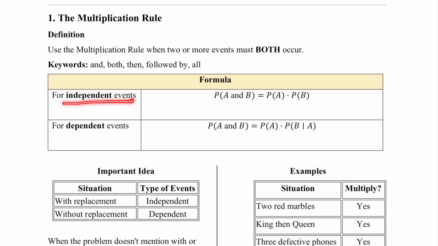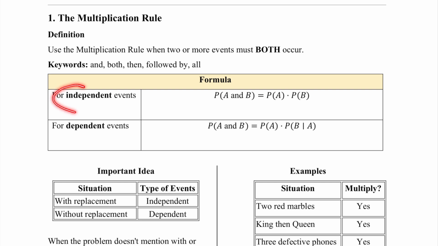Independent events are events where one outcome does not affect another outcome. Dependent events are events where the first outcome changes the probability of the second outcome. The reason this matters is that the multiplication rule has slightly different formulas depending on whether the events are independent or dependent.